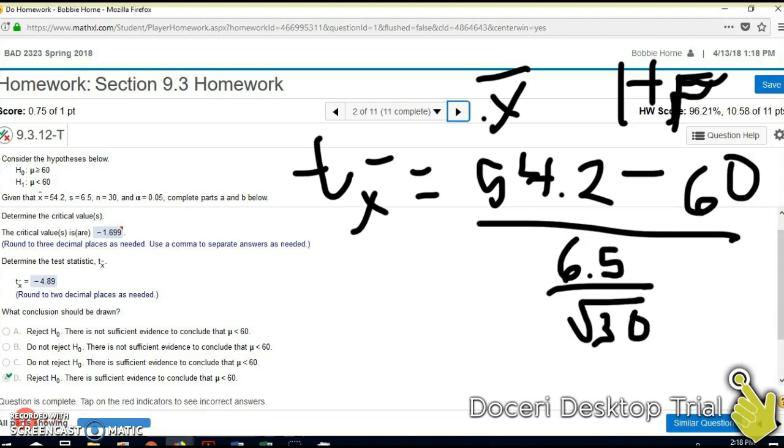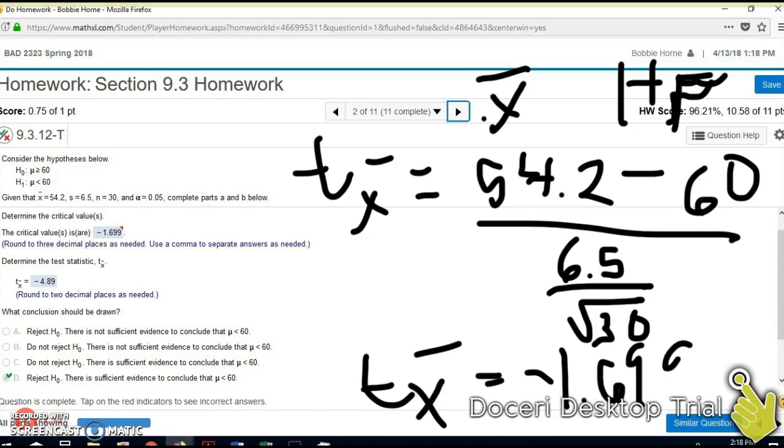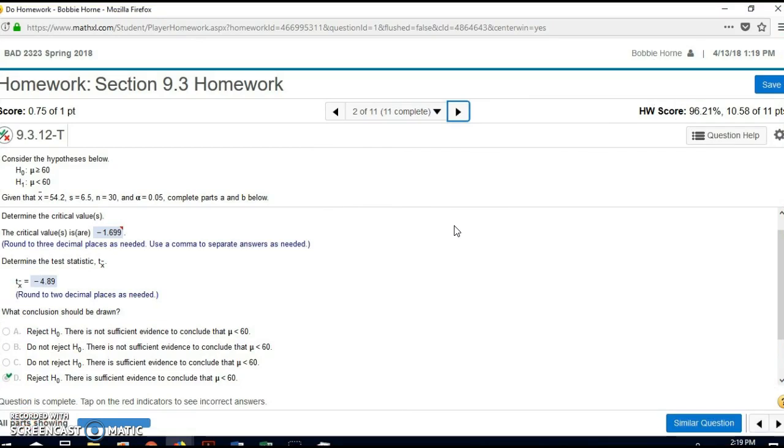So when you calculate that, you will get negative 1.699. If you do not get that when you calculate it by hand, or you get something a little bit off, you might want to use StatCrunch instead.